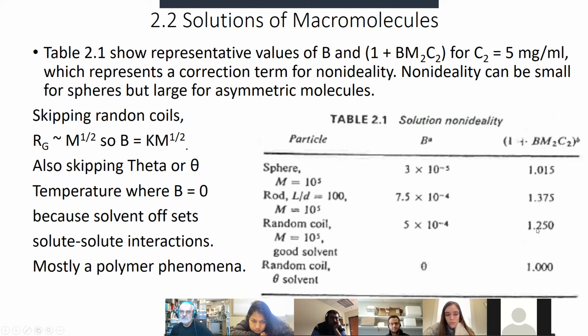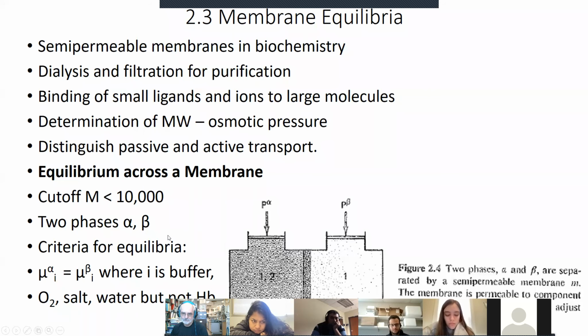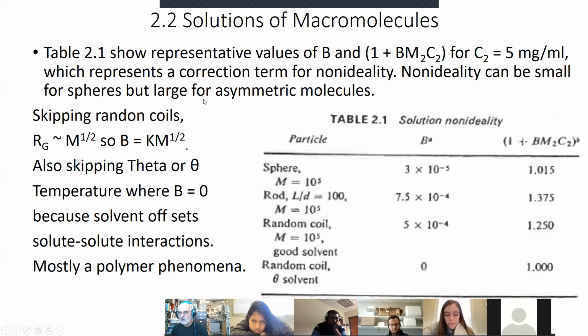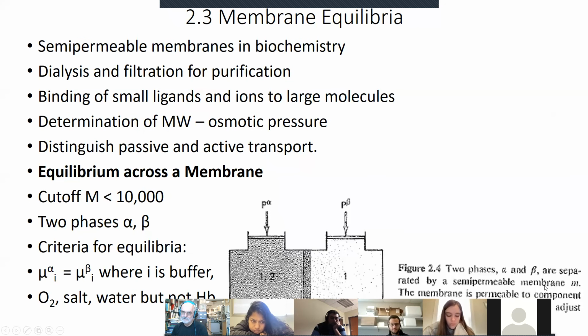Random coils will give you something around 25%. A theta solution will essentially have a virial coefficient of 0, and it will be an ideal solution. That's a definition. So this whole section is giving you some context for what is an ideal solution, what is a non-ideal solution, what order of magnitude the virial coefficient is, and how much it deviates from ideality.